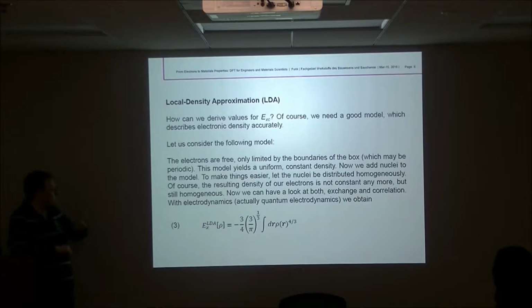So with this, we get a resulting density of electrons, right? And this resulting density of electrons is no longer constant because we have different areas, attractive and repulsive areas. But we are still homogeneous.